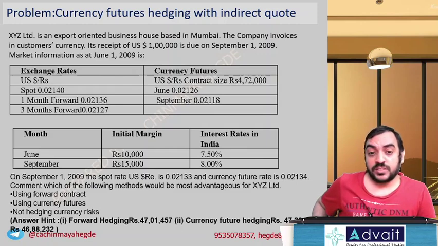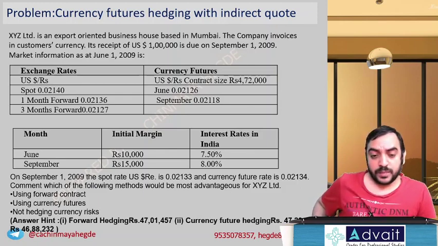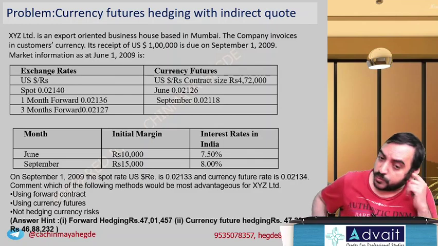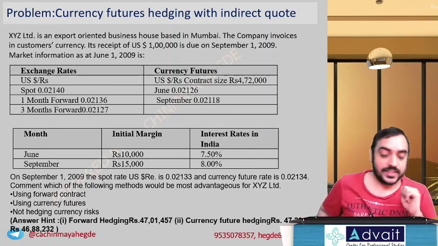Market information on June 1st, 2009 is exchange rates, currency futures: US dollar spot, 1 month forward, 3 months forward, US dollar per rupees, contract size, June, September, month, initial margin, interest rates in India. On September 1st, the spot rate is 0.02133, currency future rate is 0.02134. Comment which of the following methods would be most advantageous for XYZ Limited: using forward contract, using currency futures, not hedging currency risk.